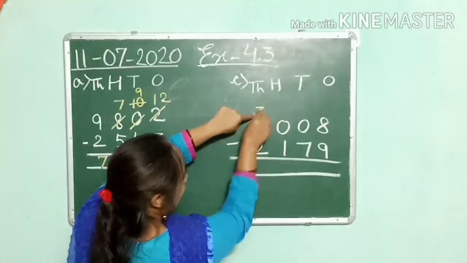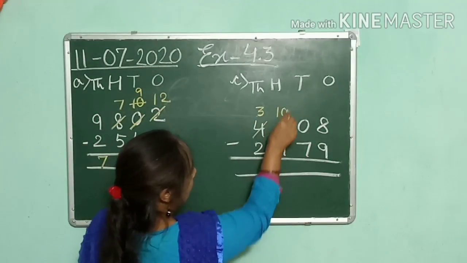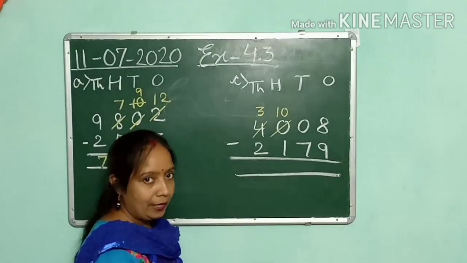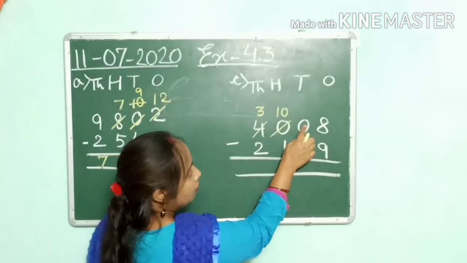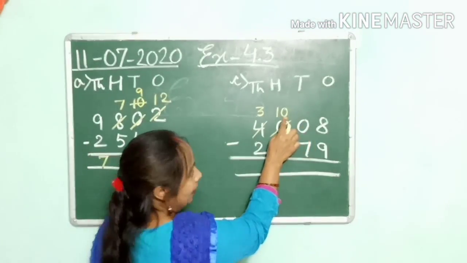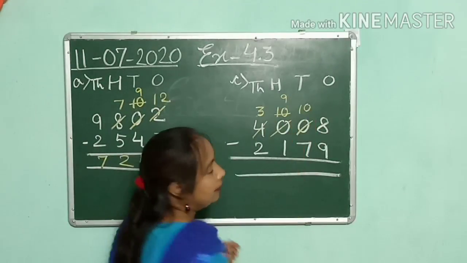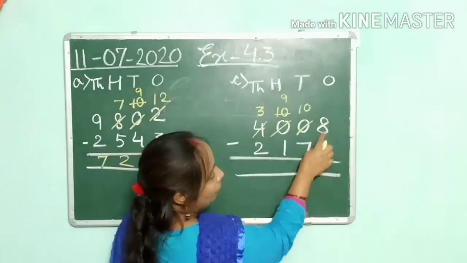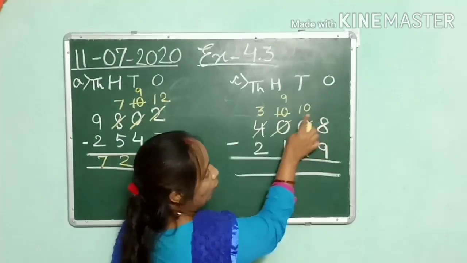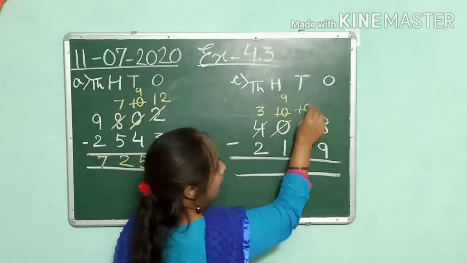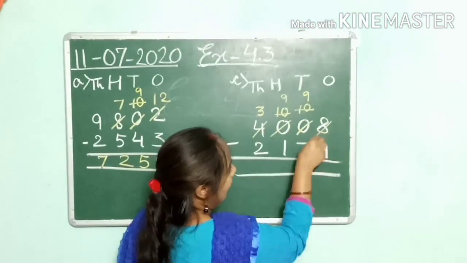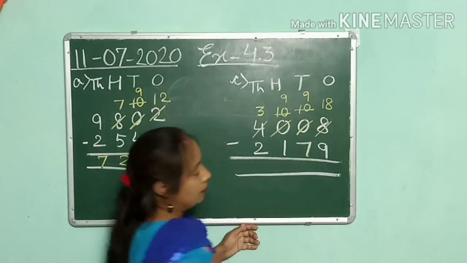This 4 becomes 3 and 0 becomes 10. Okay? Now this tens 0 will borrow from this hundreds place. So 10 becomes what? 9 and this 0 becomes 10. Now this ones digit 8 will borrow from this tens digit 10. So 10 becomes 9 and 8 becomes 18.